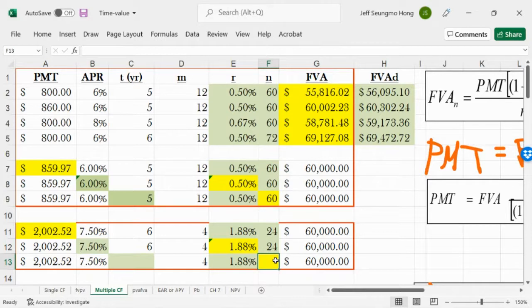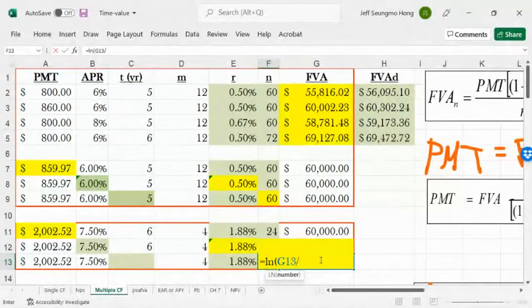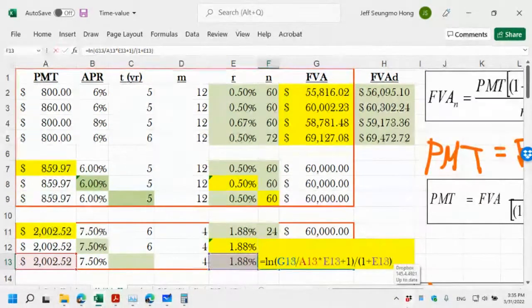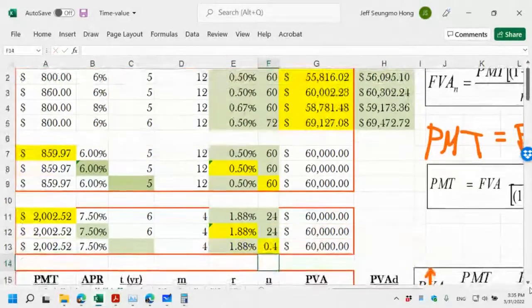And then n, natural log of future value per payment times r plus 1, close parenthesis, divided by 1 plus r. Okay? So if you entered it correctly, hit enter.